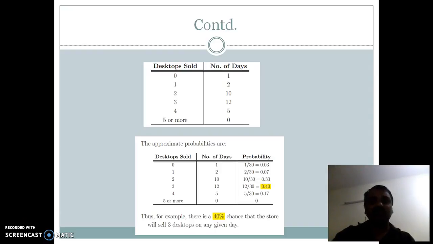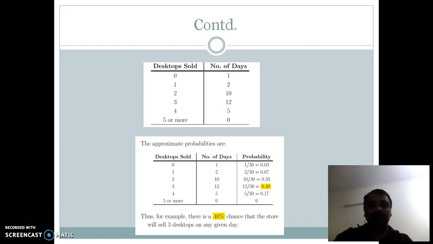Desktops sold 1, number of days 2. Then 2 desktops sold in 10 number of days. 3 desktops sold on 12 number of days. 4 desktops sold on 5 number of days. 5 or more desktops sold on a single day, number of days is equal to 0.